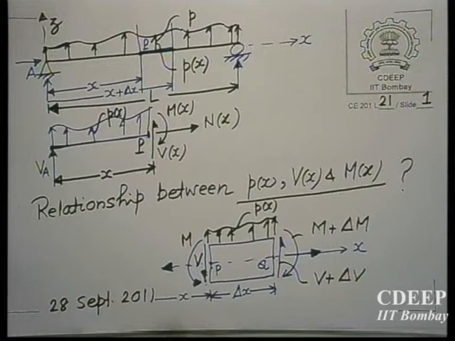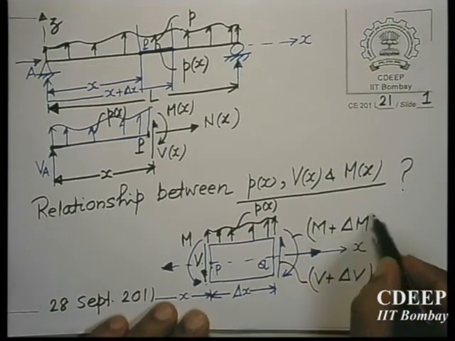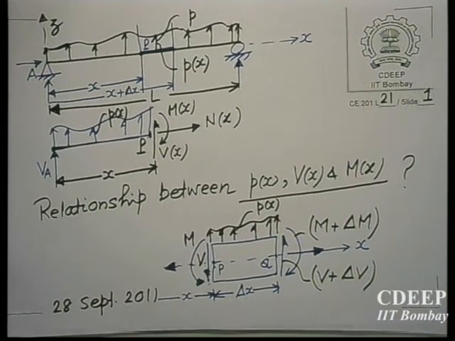That is what we are trying to say. So, there is a small increment dM, here there is a small increment dV, and now this element of the beam PQ is in a state of equilibrium under the action of these forces. So, this diagram is very important.